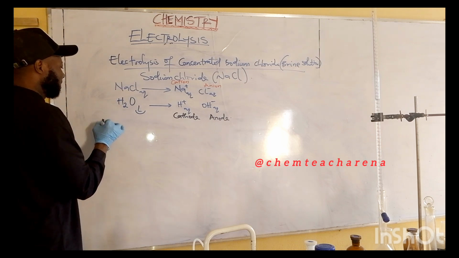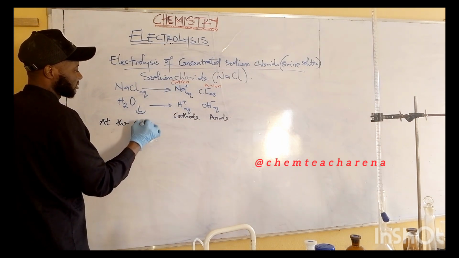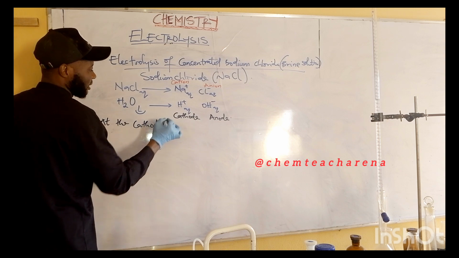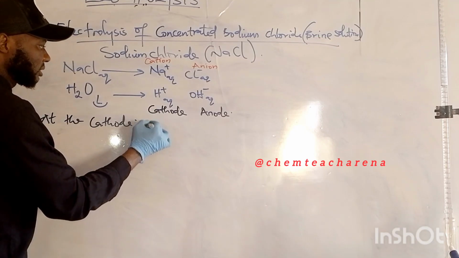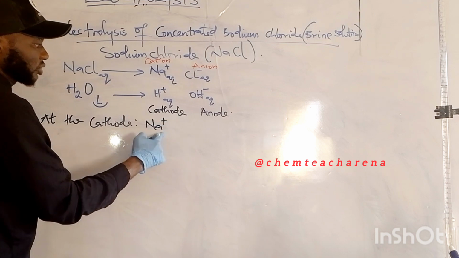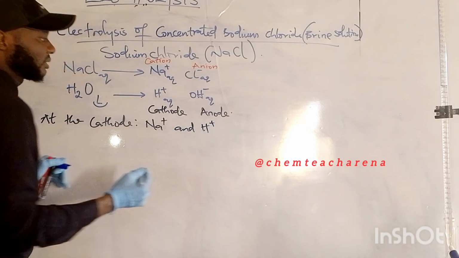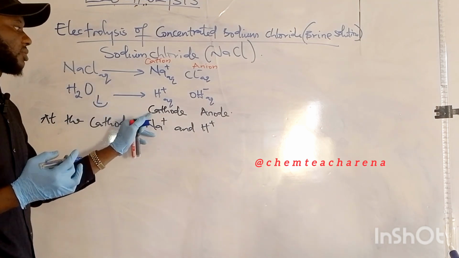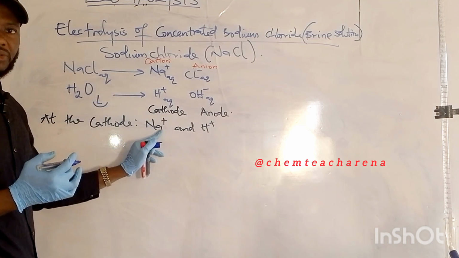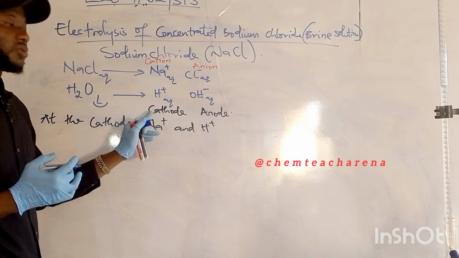We now say at the cathode, what happened at the cathode? Both sodium ion and hydrogen ion migrate to the cathode.